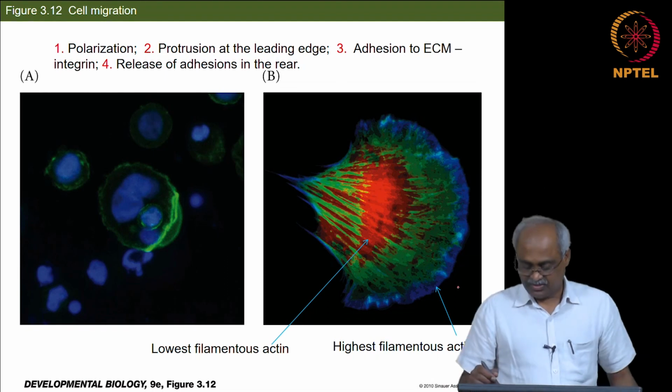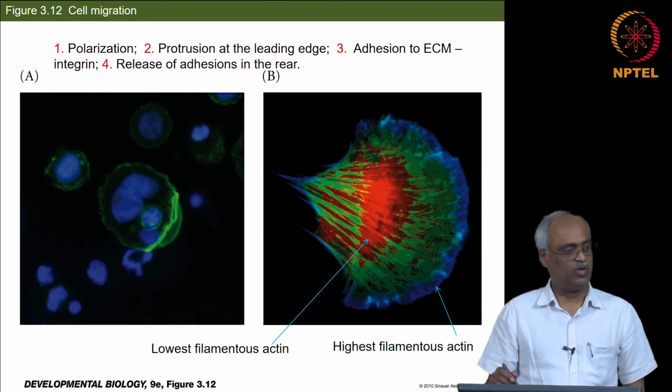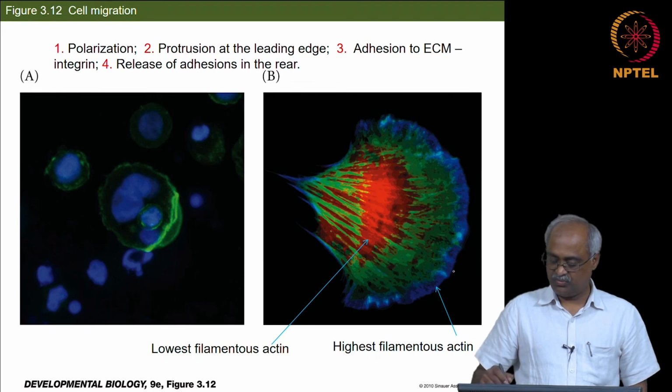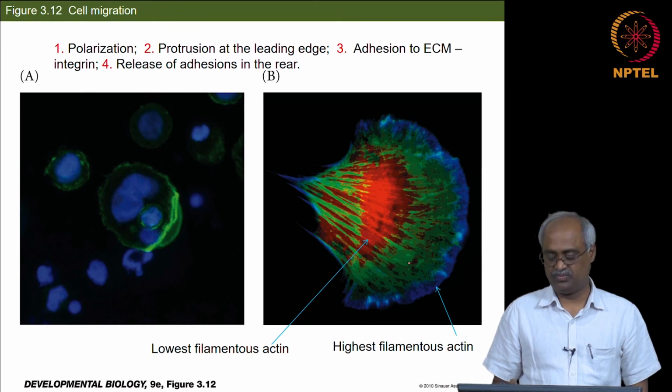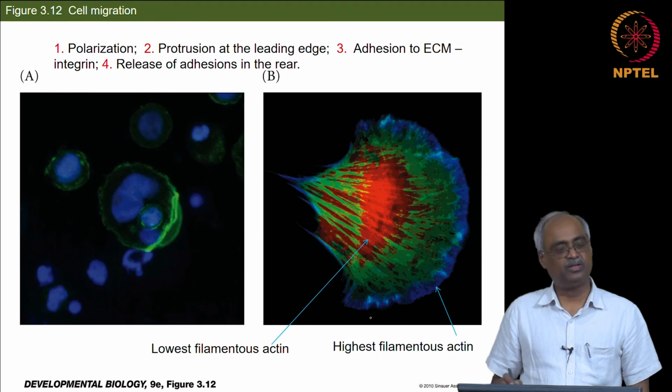This blue is the highest of the filamentous and the red is the lowest. So, they are color coded. Here you have intermediate concentration. So, you have filamentous actin more in the migrating side, in the lamellipodia, and this leads to adhesion to the ECM.